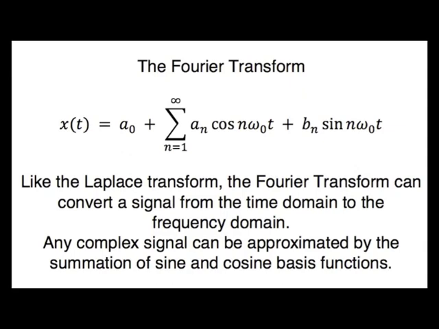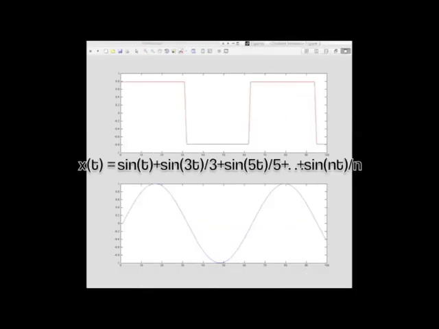Like the Laplace transform, the Fourier transform can convert a signal from the time domain to the frequency domain. The main idea behind the Fourier transform is that any signal can be approximated by the linear sum of sines and cosines of the right amplitude and frequency. Here you see a square wave that is approximated by successively adding sine waves of increasing frequency and decreasing amplitude.